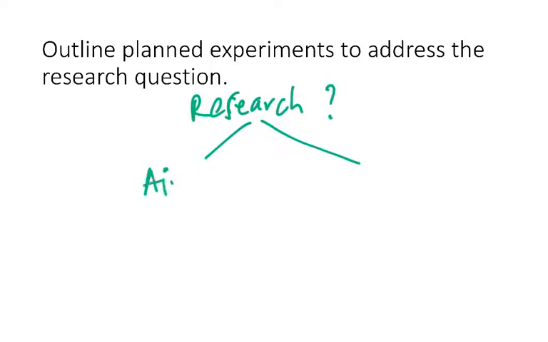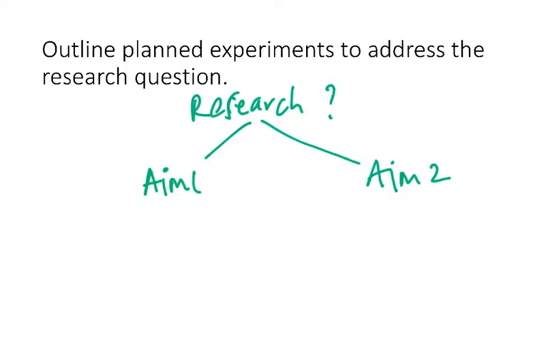So what you're doing in this section is outlining the planned experiment to address the research question that you have. So remember, we have our overall research question, and then underneath that umbrella, remember that analogy I kept using over and over again, we have our research idea, and then we have aim 1 and aim 2.